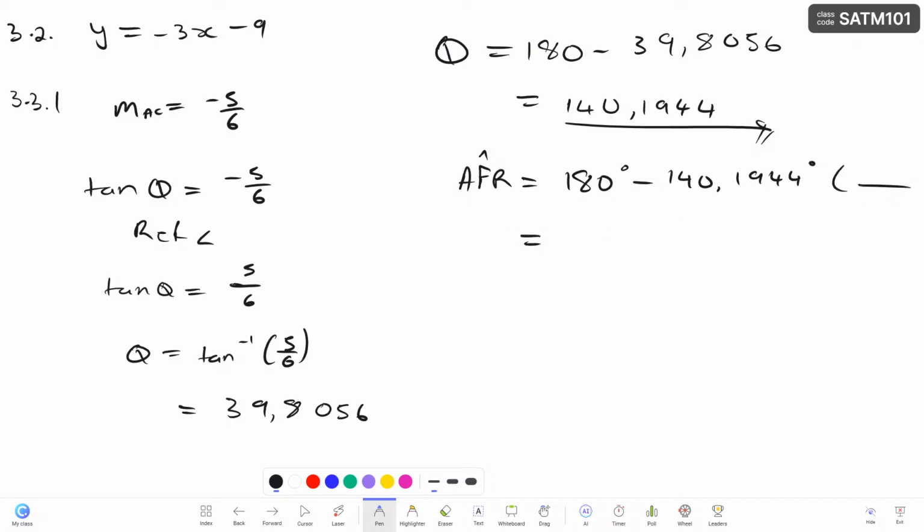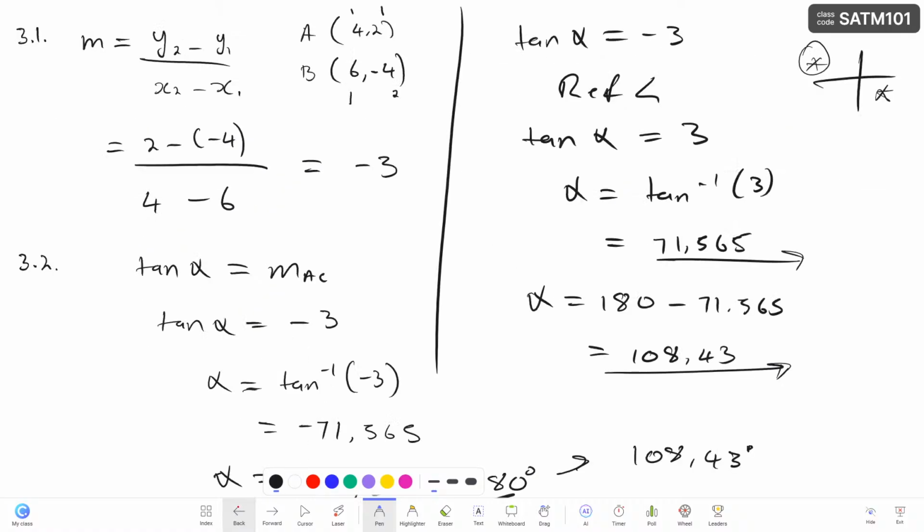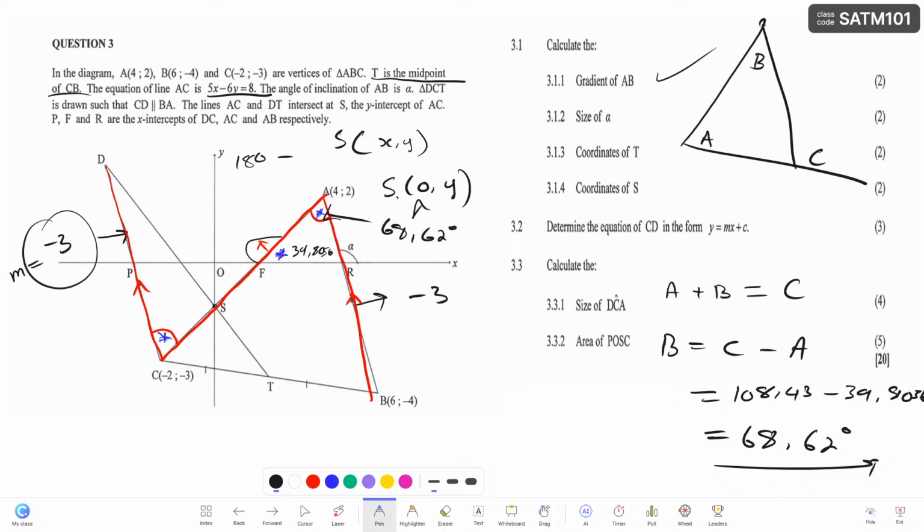So 180 minus 140.1944 is going to give us 39.8056 degrees. So this is the angle inside the triangle, this one.